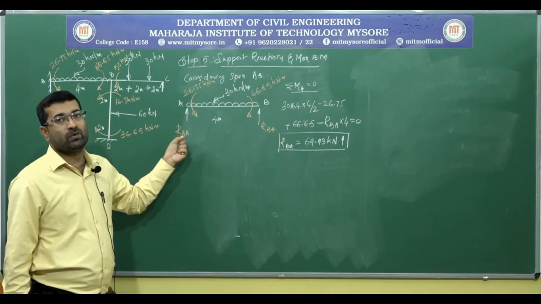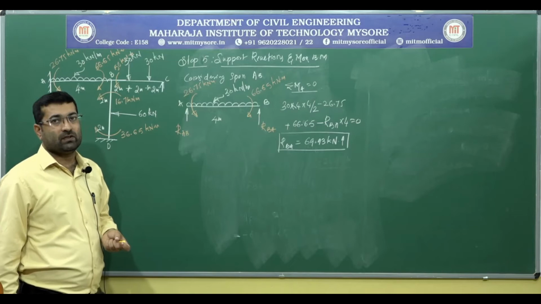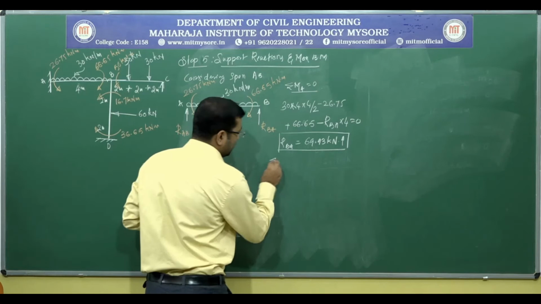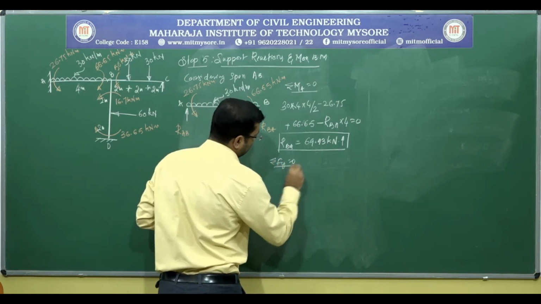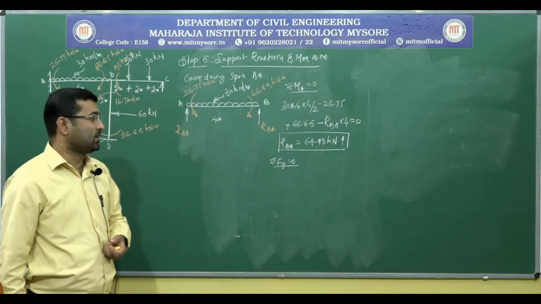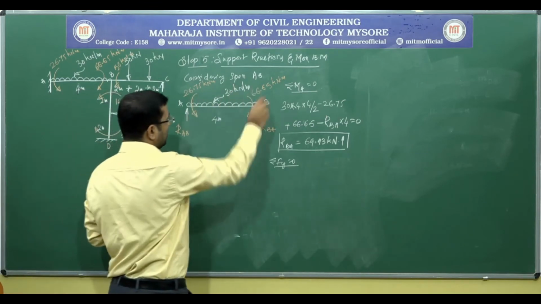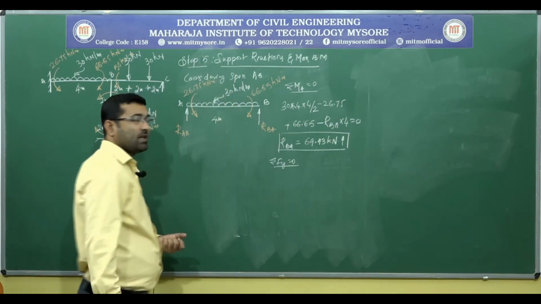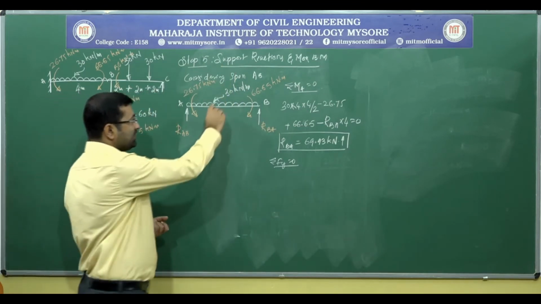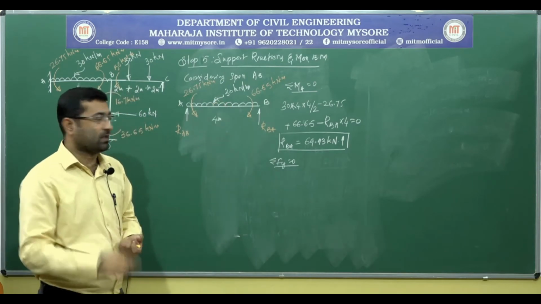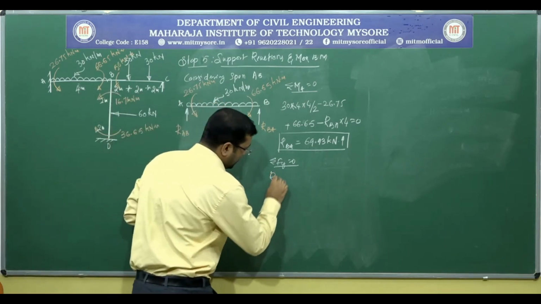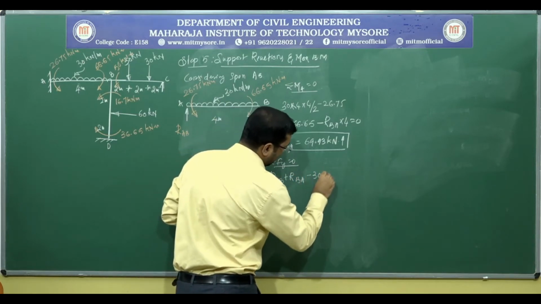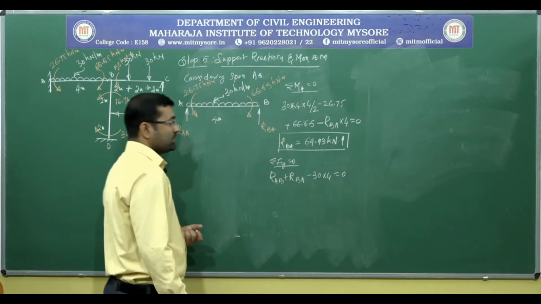In a similar way we need to calculate the one more reacting component, that is RAB. That can be done by imposing the condition that the sum of vertical forces must be equal to 0. From the diagram, RAB and RBA are the two forces acting vertically upwards, and the 30 kilonewton per meter load is acting vertically downwards. So it is RAB plus RBA minus 30 into 4 equating to 0.